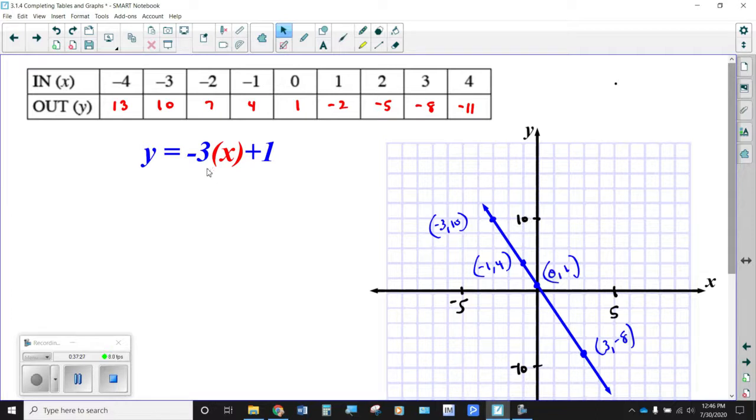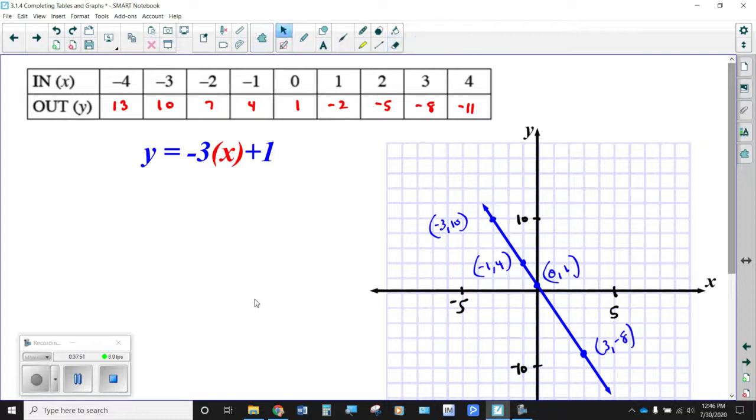From the moment I see the rule, I could create my axes, scale them, plot the points, and connect the dots in 30 seconds with the shortcuts that I know, and you'll get to that point as well. But right now, we've got to make sure we're doing it right. And if you don't know the shortcuts, you can always set up a table of values, find those ordered pairs, plot them and label them, and your graph will be effective.